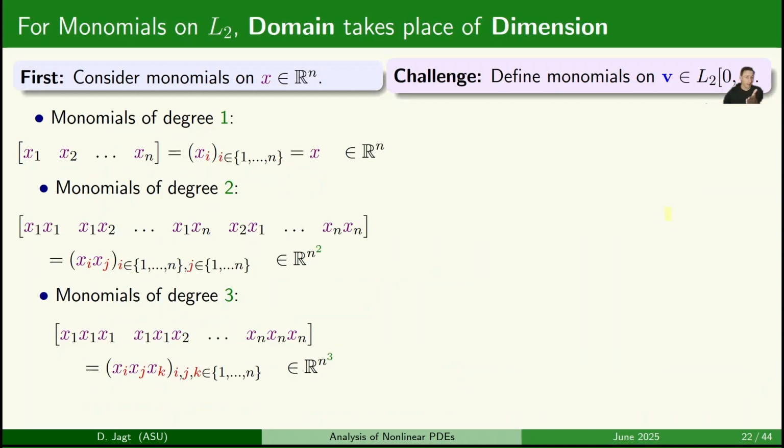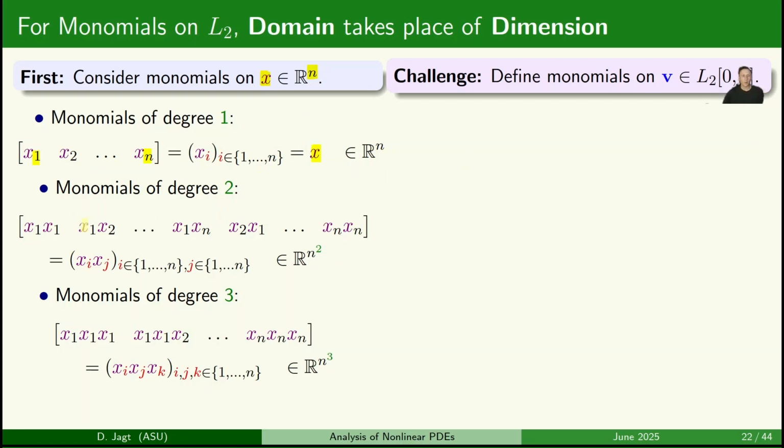Well, for this, again, let us take a step back to the finite dimensional case. So if we have a vector x of n variables, then the monomials of degree 1 in this vector x will include just the variables x1 through xn themselves. So this will just be the vector x.